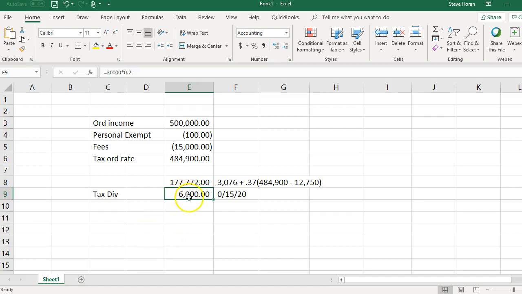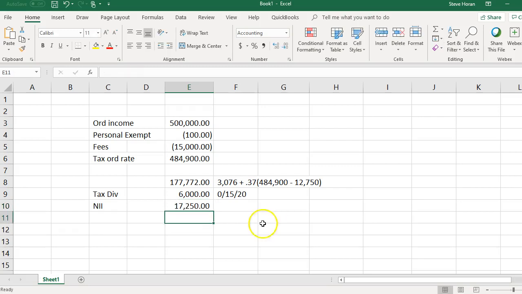Then the final thing is trusts have to pay an additional net investment income tax. So on top of these two taxes here, they have what they call the additional net investment income tax. It's 3.8%. And what you do is you take the investment income of $30,000 and you subtract the amount you're allowed to deduct, which is $12,750.